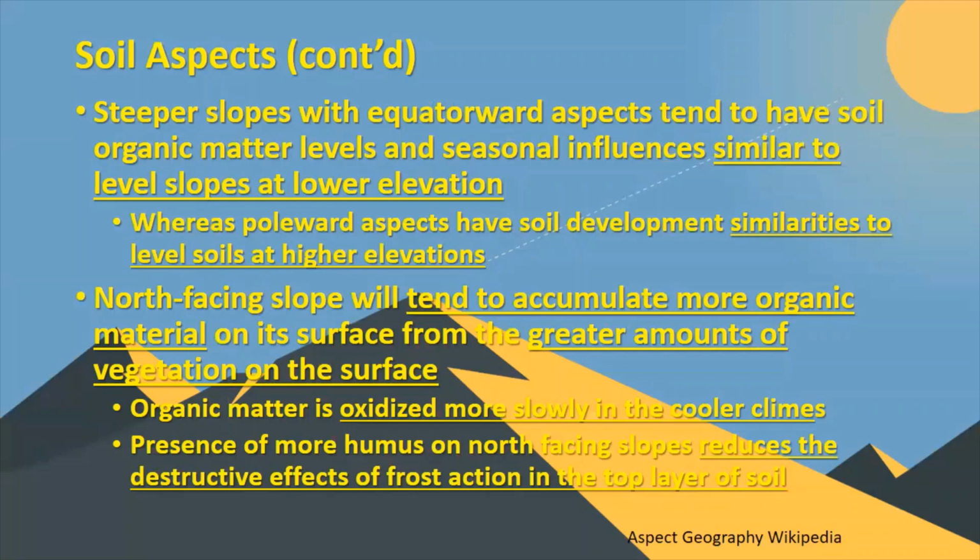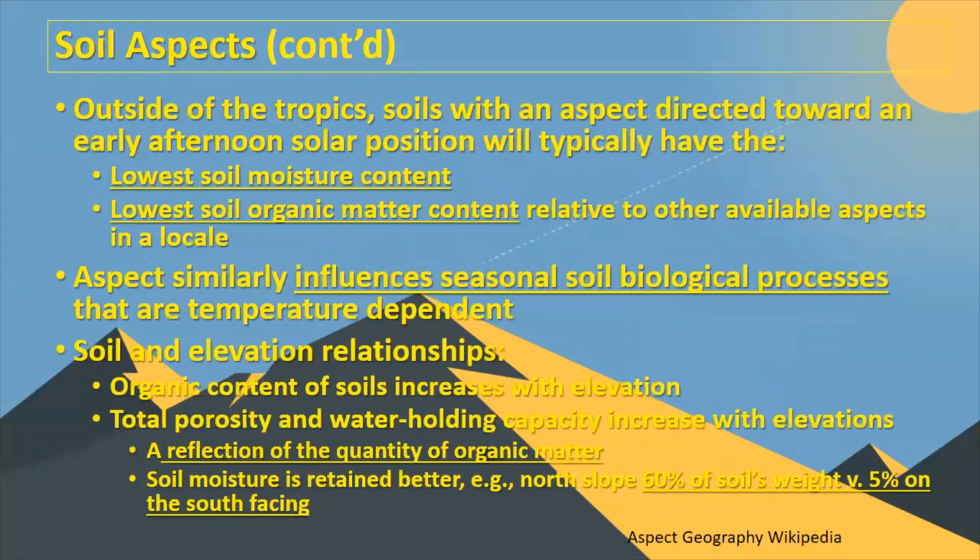Or if you go up a mountain range, you get a similar transition of plants and animals. Organic matter is oxidized more slowly on the north side slopes, and there's the presence of more humus on north-facing slopes. So the humus content reduces the effects of freeze-thaw, frost action in the top layer of the soil.